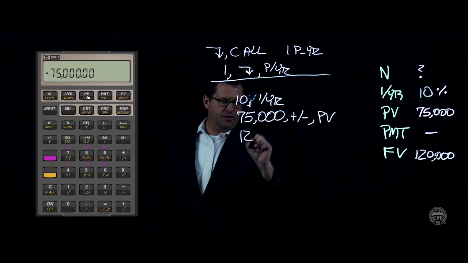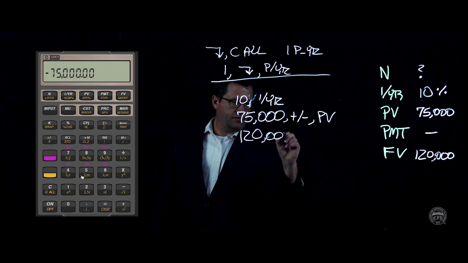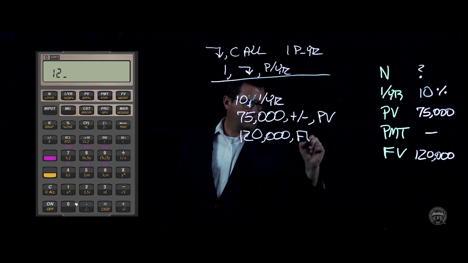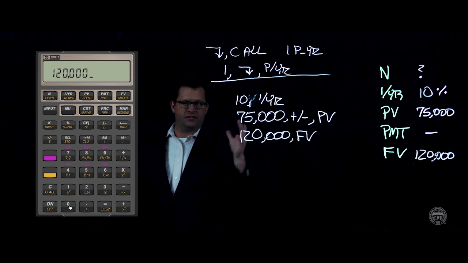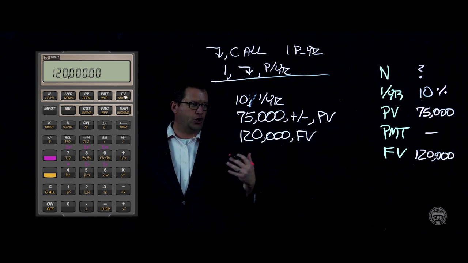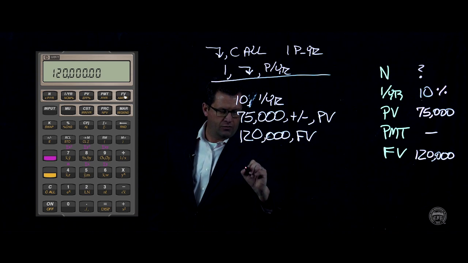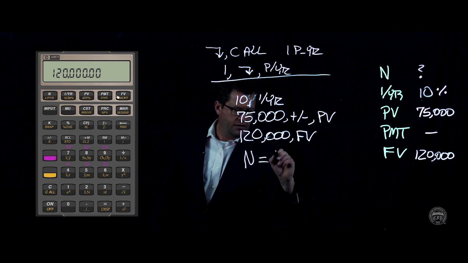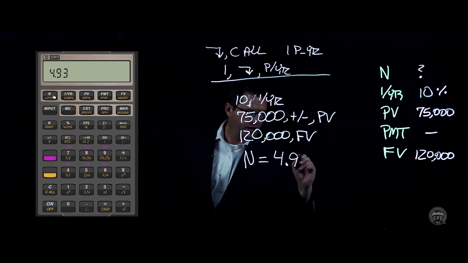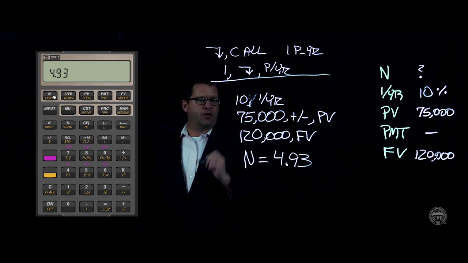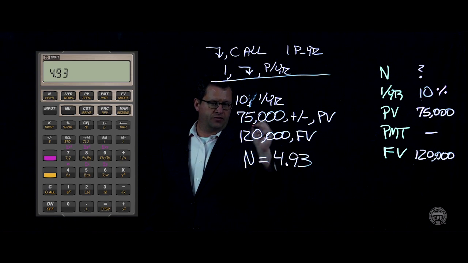The future value that she wants to sell at is $120,000. So that's a positive because we imagine the sale and cash coming back to her. We have no payments in between to contend with. So now we hit our N key and we should get 4.93 years for the farm to grow from $75,000 to $120,000.